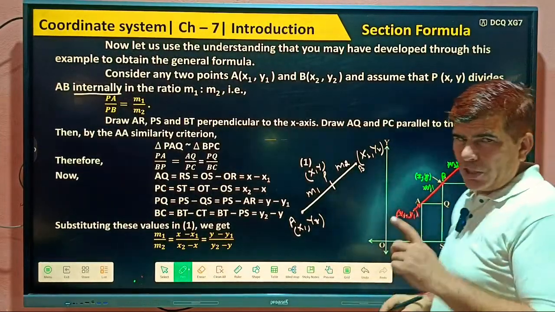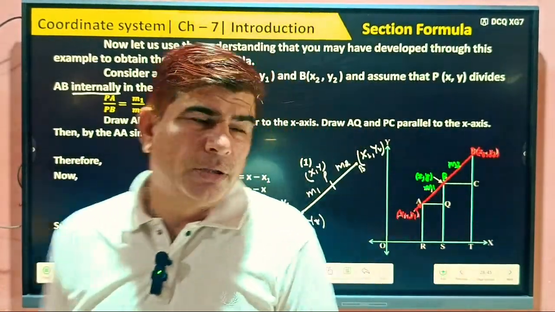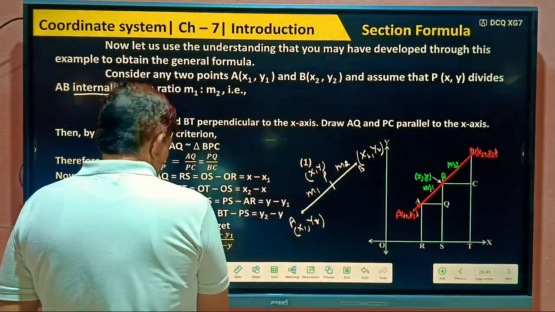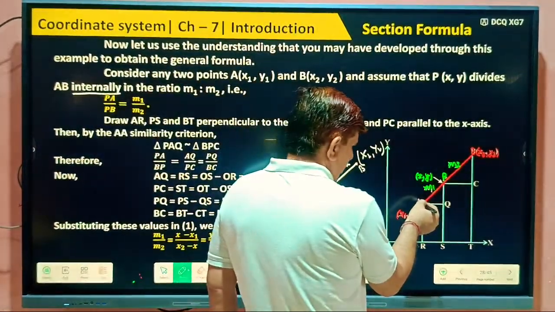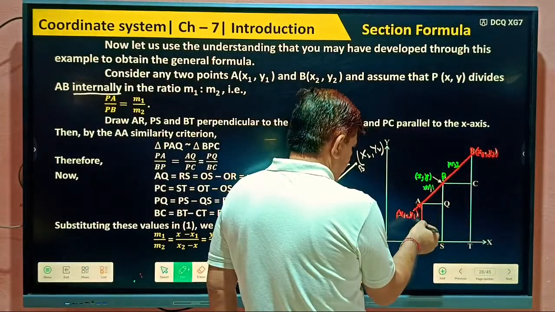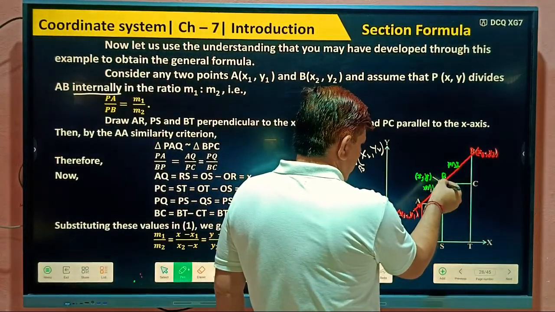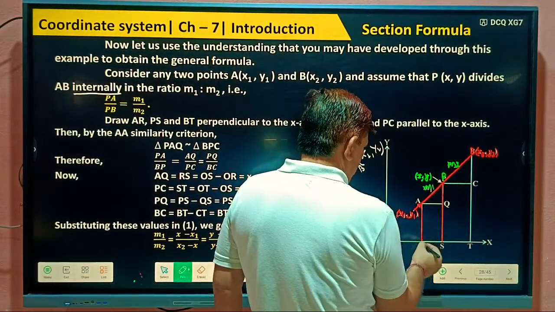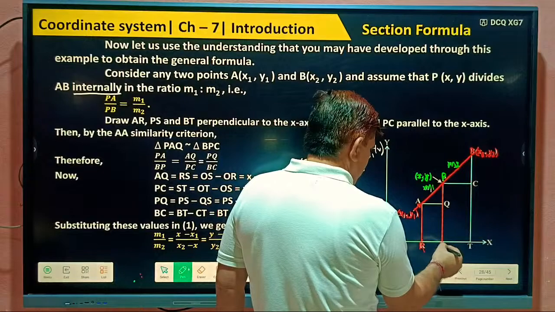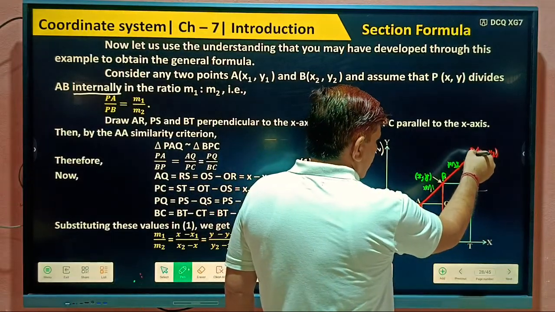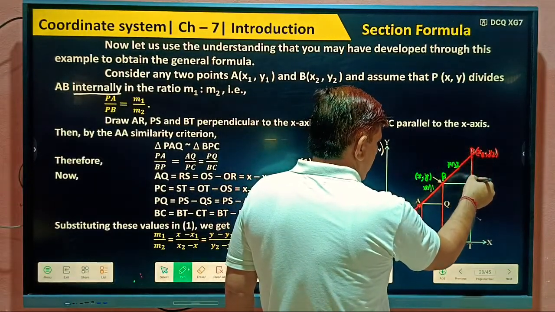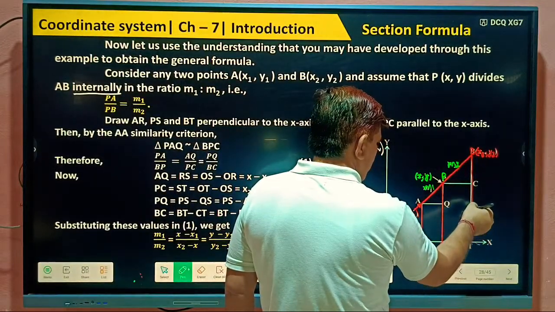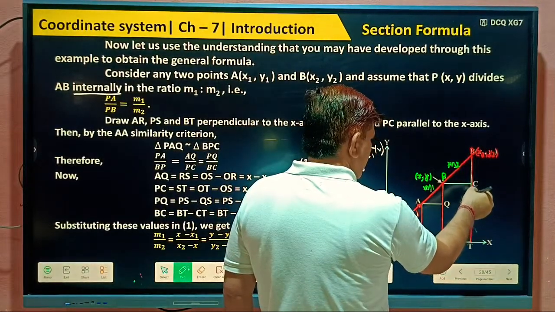With the help of previous knowledge, we will find it out. So what will we do? We will draw perpendiculars AR, PS, and BT on the x-axis. Three points are taken, so we can draw three perpendiculars, just like in the previous question.